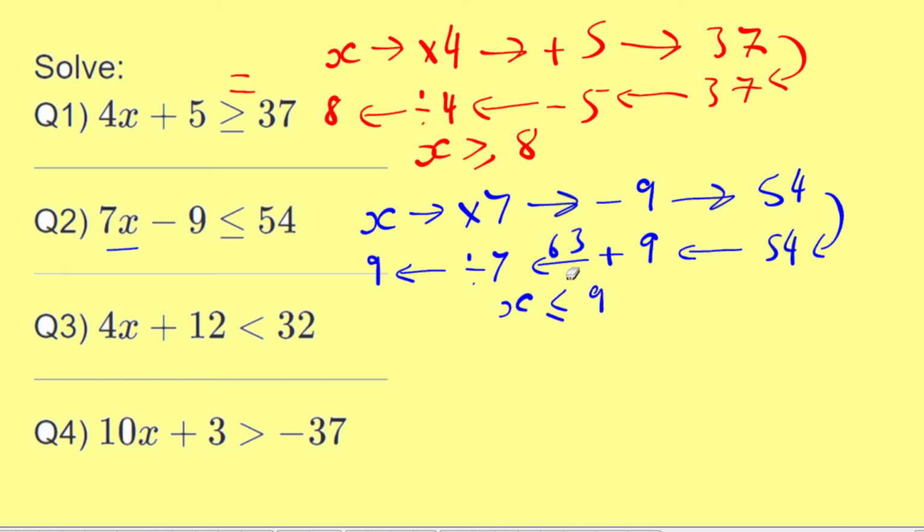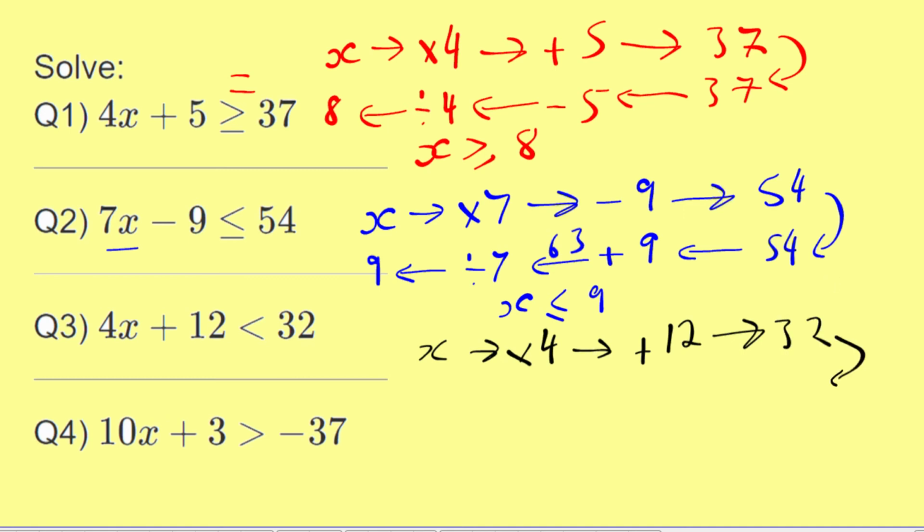And that's it. Okay, I'll try and squeeze this next one in. So we've got x, and we're timesing by 4, because it's 4x. The next arrow is plus 12, and that gives us 32.